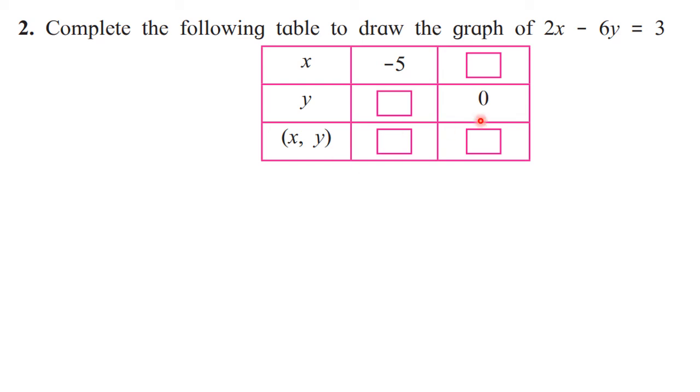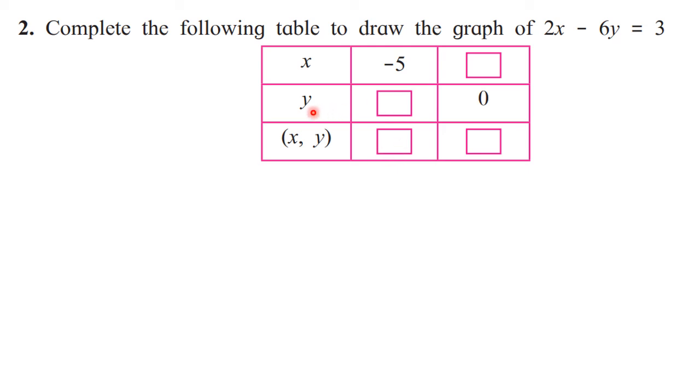Now this is an activity based question, and here you have to write down the correct answers in the empty boxes. The equation provided is 2x minus 6y is equal to 3. So in the first case the value of x is given, so put that value here and find the value of y, and write that down here, and then below you can write down the ordered pair.